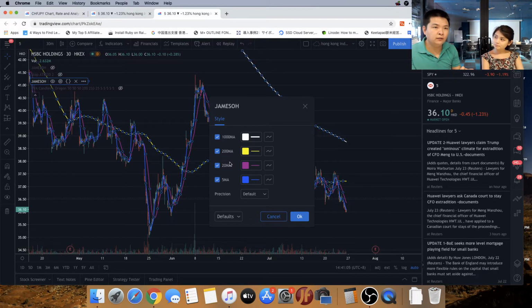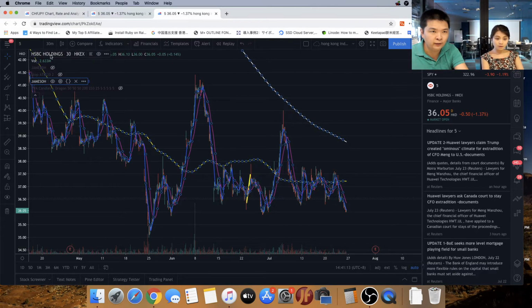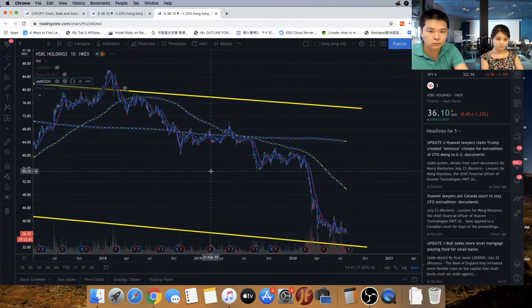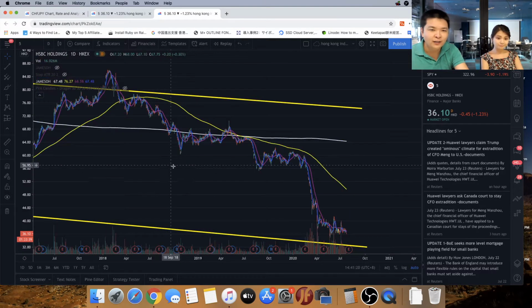Here we are plotting the 30-minute chart, and this 20 MA comes from the days when the market used to move once a day. A lot of years ago, each candle would be 1 day, so 20 candles would be 1 month. That's why we use the 20 moving average.